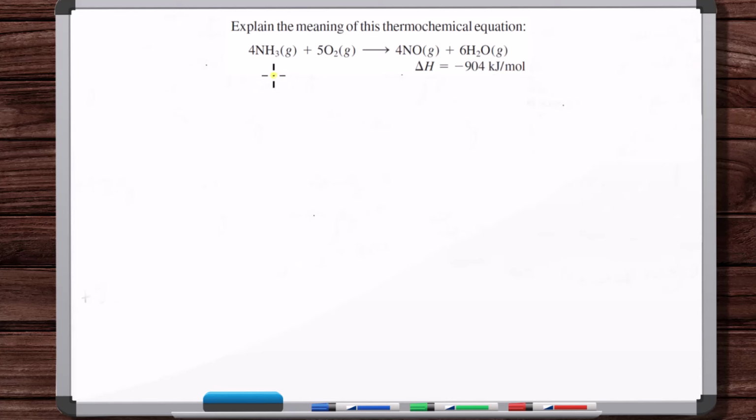It doesn't tell us whether this is a constant pressure or constant volume process. So thinking about this completely generally, what this delta H is saying is that the total enthalpy of the products per mole minus the total enthalpy of the reactants per mole is equal to minus 904 kilojoules. So in general, as a result of this reaction, 904 kilojoules of energy in the form of enthalpy is released.